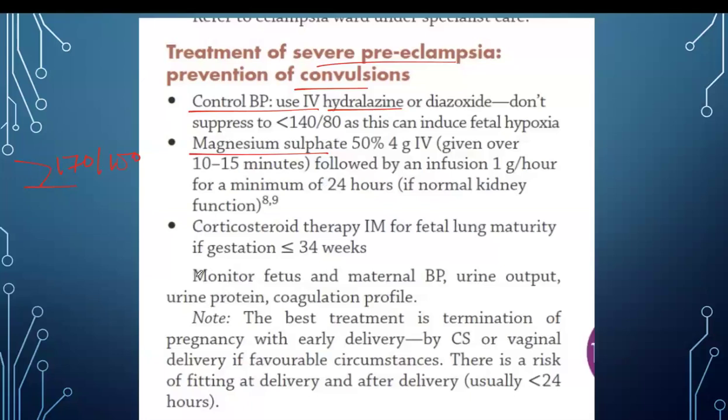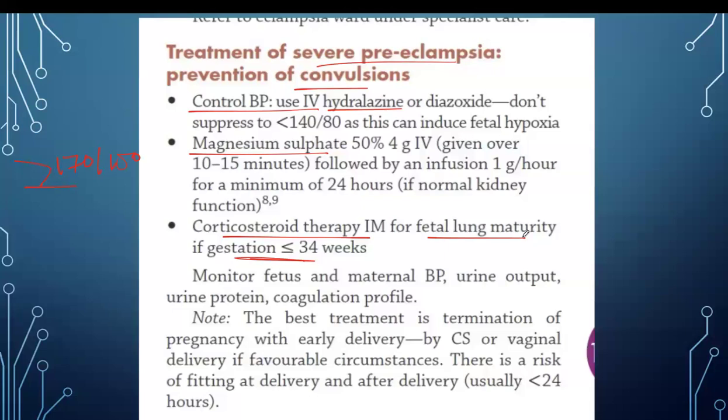Okay? And if there is a possibility that labor is going to happen before 34 weeks of gestation, then you also give a steroid IM to bring on fetal lung maturity. If you remember, babies of less than 34 weeks are premature, they don't have surfactant, and they have a high risk of developing respiratory distress.